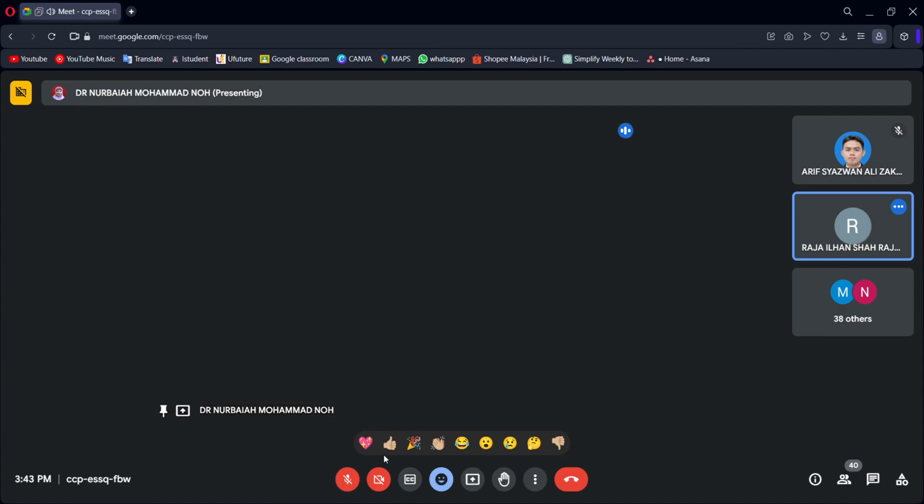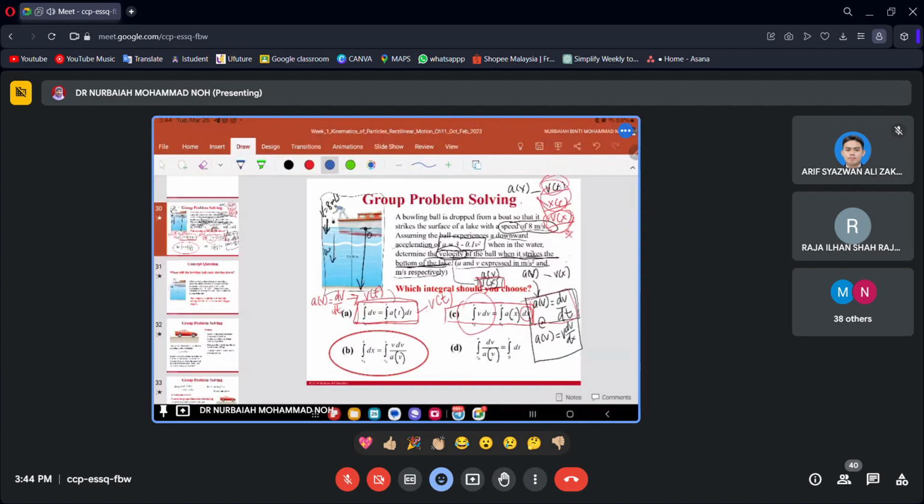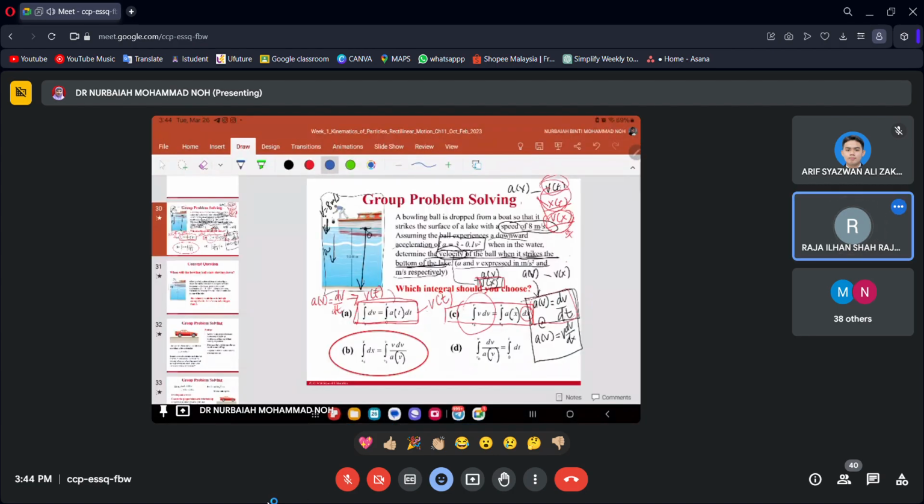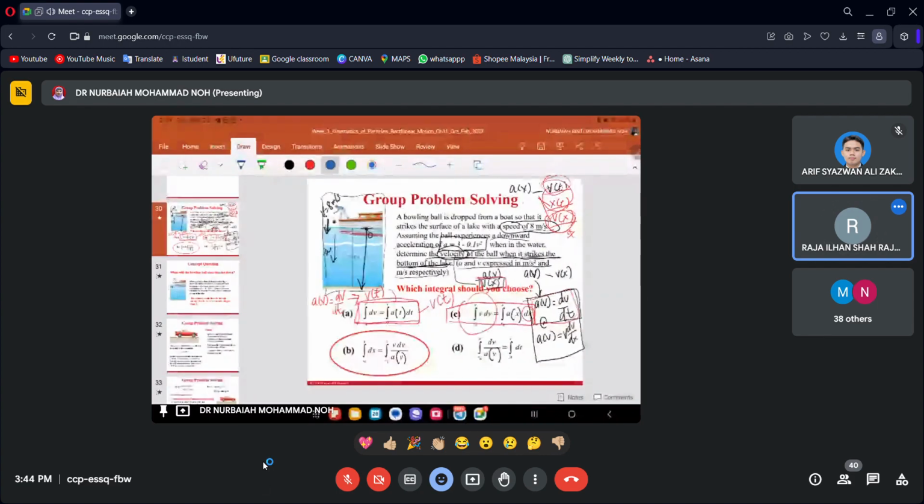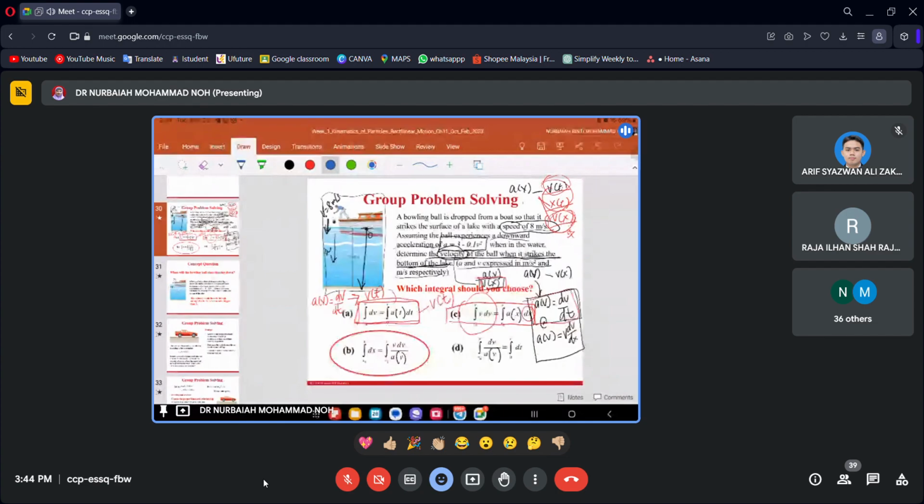Sepatutnya daripada time kosong ke t. Kita tak ada time kat sini. Ni dia pakai dx. Kinematic function dia sepatutnya v dv over dx. Okay, correct. Terima kasih.